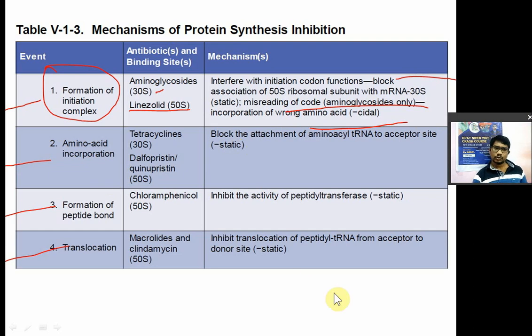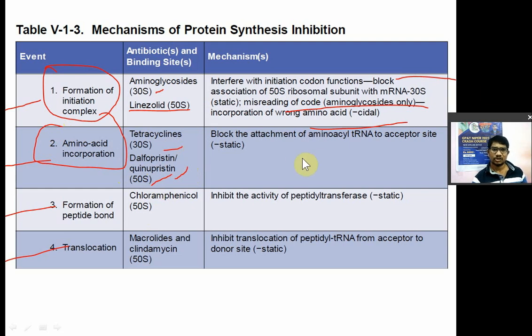Now, which drugs affect the incorporation of amino acid in the protein? Tetracyclines, then streptogramins, like dalfopristin and quinupristin. Tetracyclines bind to the 30S ribosomal subunit, and streptogramins bind to the 50S ribosomal subunit.